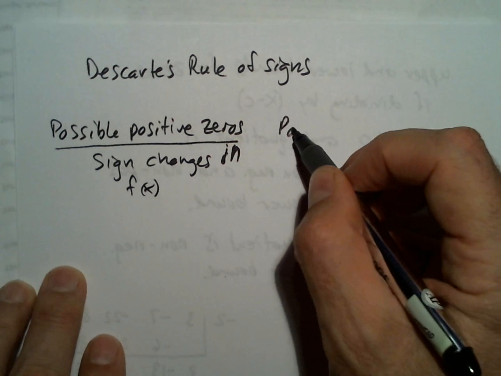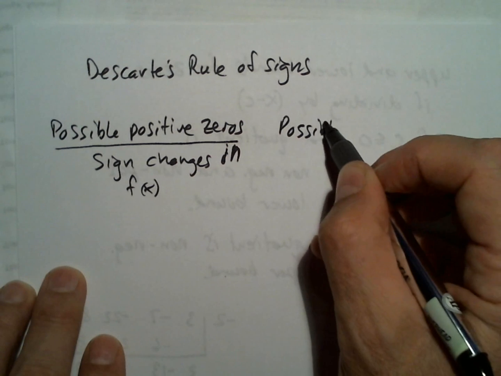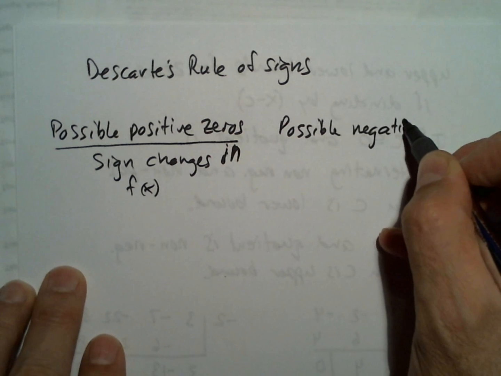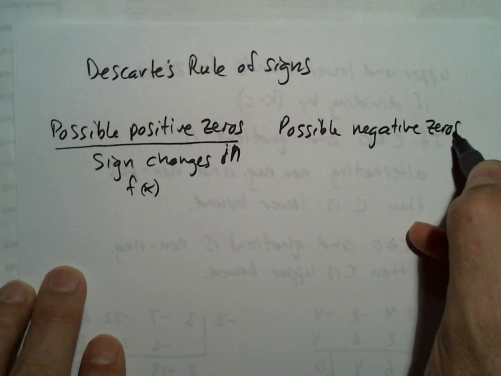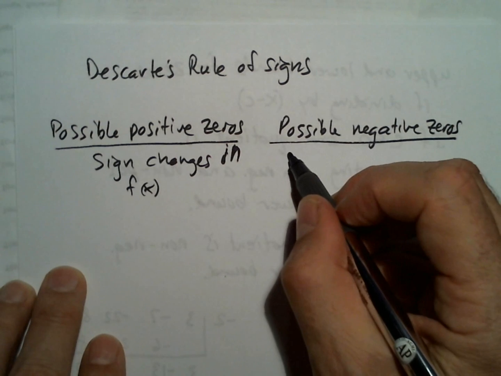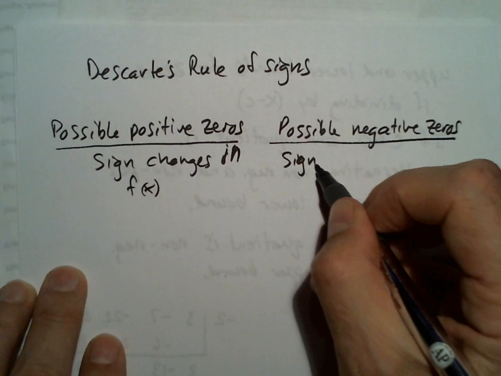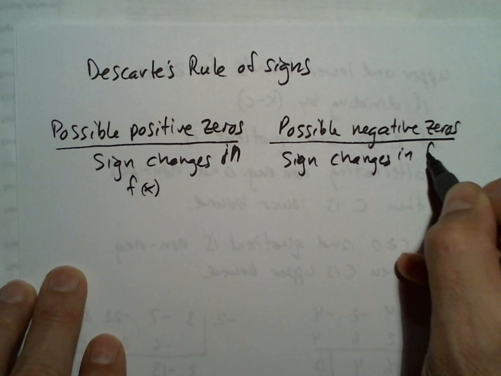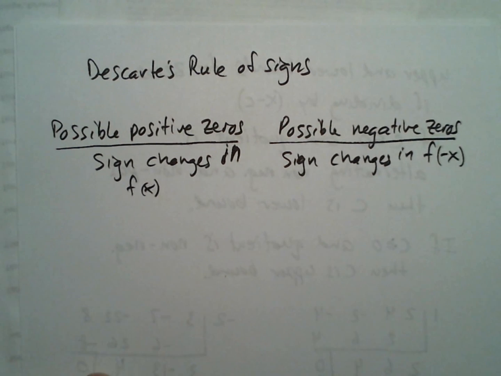We can look for possible negative zeros, and we do that by looking at sign changes in f of negative x.